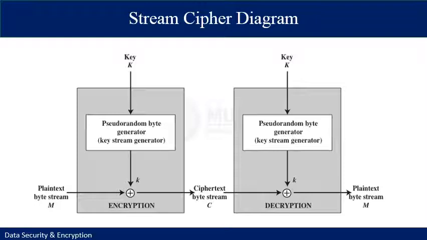Although a stream cipher may be designed to operate on 1 bit at a time or units larger than 1 byte at a time, this figure shows a representative diagram of a stream cipher structure.